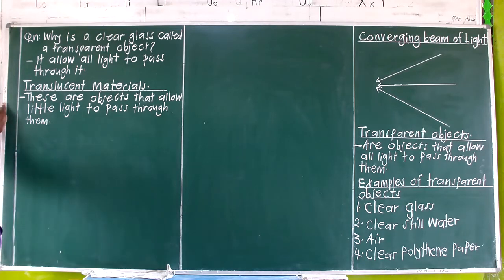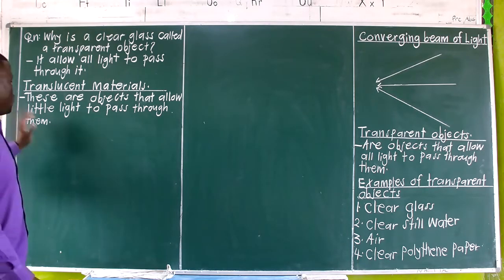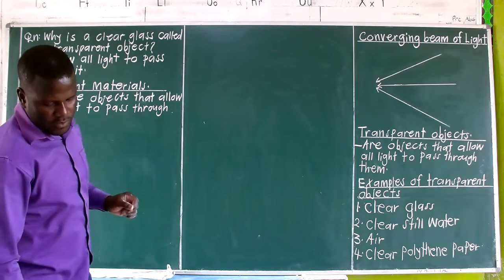These are objects that allow little light to pass through them. So those are called translucent objects.